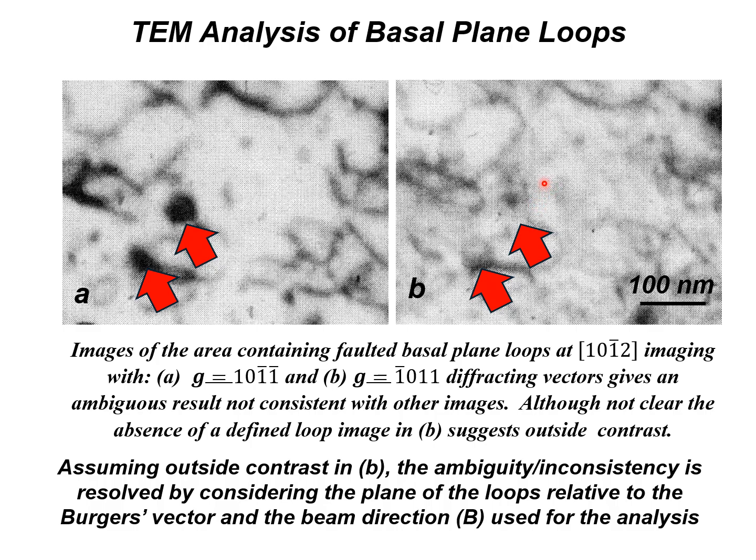The reason I identified them initially as a half [0 1 bar 1] is because I couldn't see them here. I didn't know how to identify them. So for this particular set of conditions, at this particular orientation, I didn't use the information. And for that reason, rather than coming to the conclusion, I should have been more ambiguous and said it was either one Burgers vector or another.